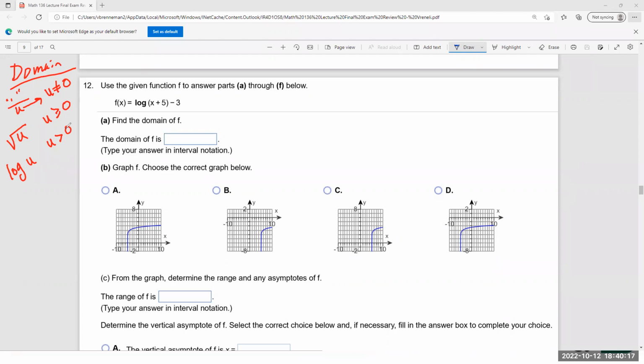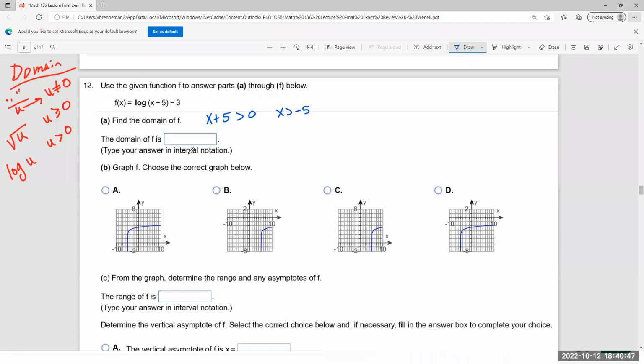I'm not going to get 0. I'm not going to get a negative number. So when we reverse the process and take the log, what goes into it has to be a positive number. So for the domain of a log, the -3 out there is not going to affect the domain at all. The only thing that matters is the x plus 5 has to be greater than 0. So that means x has to be greater than -5.